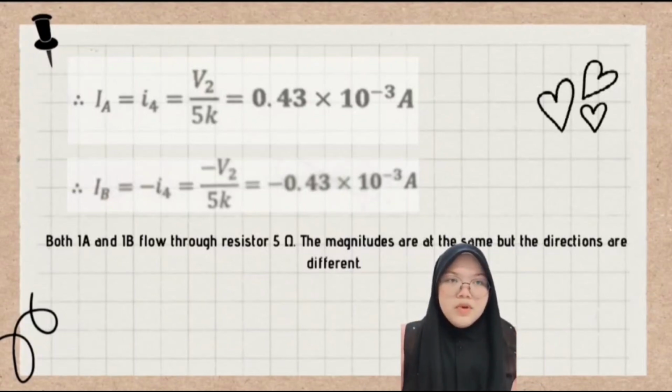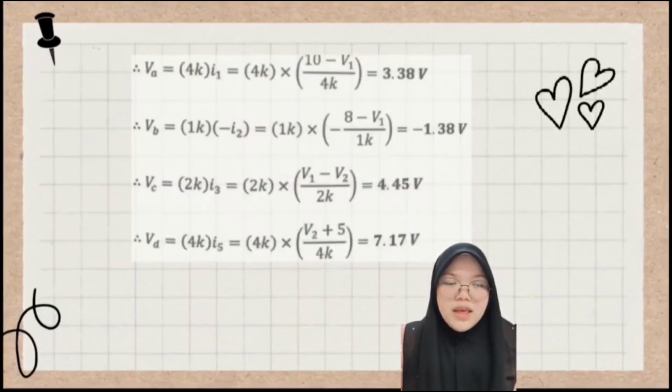Both IA and IB flow through the 5K resistor. The magnitudes are the same, but the directions are different. VA equals 4K multiplied by I1, which equals 4K multiplied by (10 minus V1) over 4K. Then we got the answer, which is 3.38 volt. For VB equals 1K multiplied by minus I2, which equals 1K multiplied by (negative 8 minus V1) over 1K, equals negative 1.338 volt.